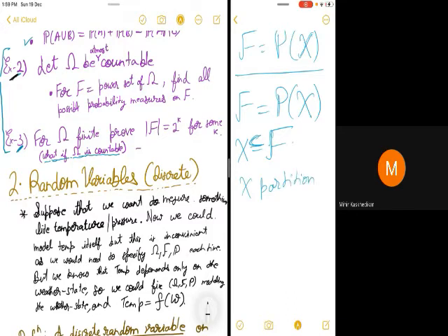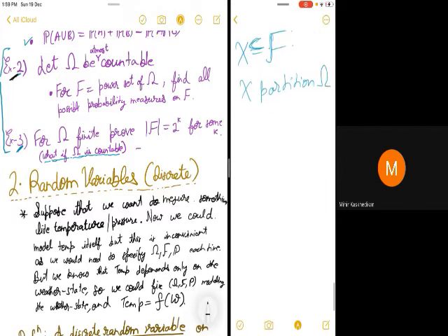So I will define this now. Suppose omega is a set X1 disjoint union a set X2 and so on. Then we say that the sets Xi partition omega.